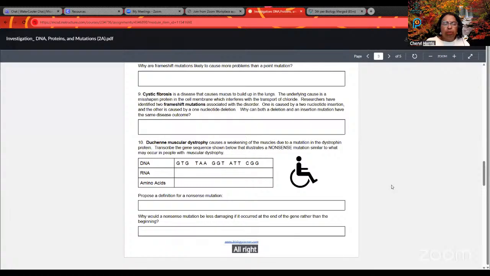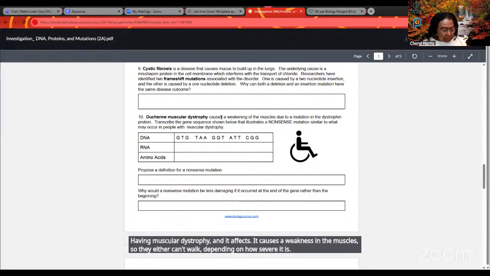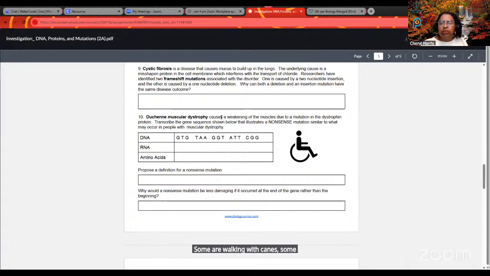All right, so we're on muscular dystrophy. A lot of TV stars seem to be having muscular dystrophy, and it causes a weakness in the muscles, so they either can't walk, depending on how severe it is. Some are walking with canes, some are in wheelchairs, some can't walk at all.